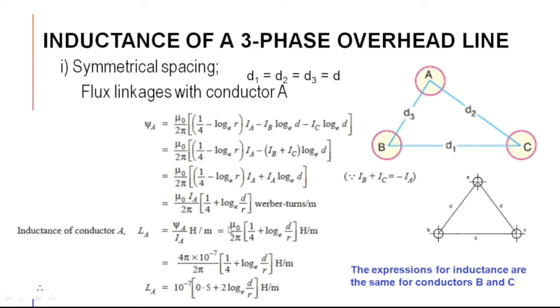And I am placing the absolute permeability value here, that is μ0 is equal to 4π into 10 to the power of minus 7, divided by 2π, [1/4 plus log_e D by R] Henry per meter.